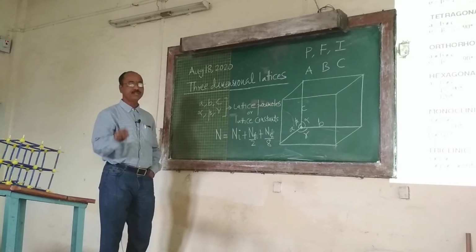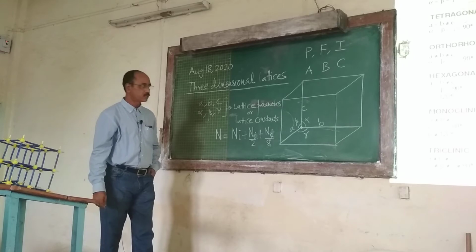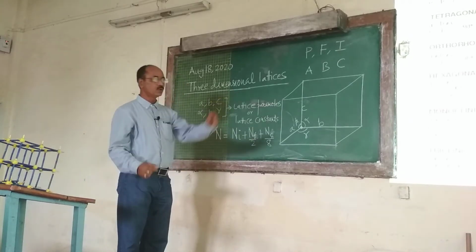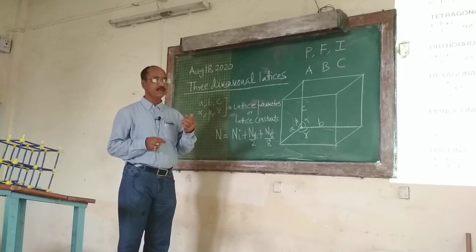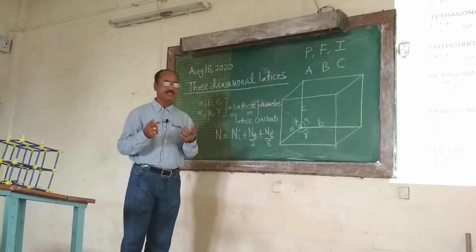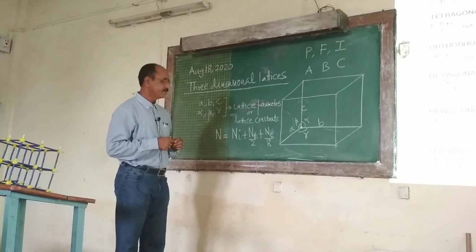There is a convention adopted to specify which angle is alpha, which is beta, and which is gamma.